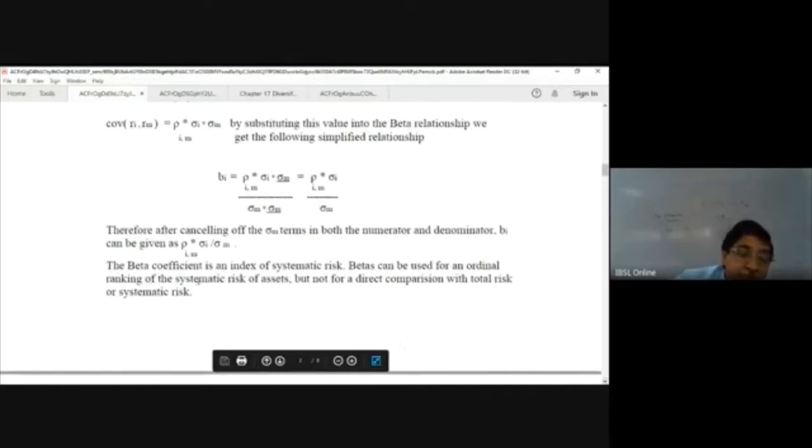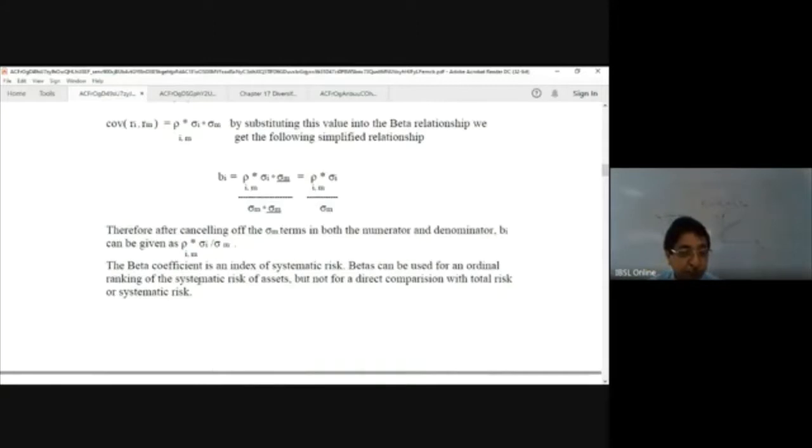Now, this beta coefficient, we talked about systematic risk. So, beta coefficient is an index of systematic risk. Betas can be used for an ordinal ranking of the systematic risk of assets, but not for a direct comparison. Because when betas are calculated, those betas can be used for a ranking of systematic risk of assets.